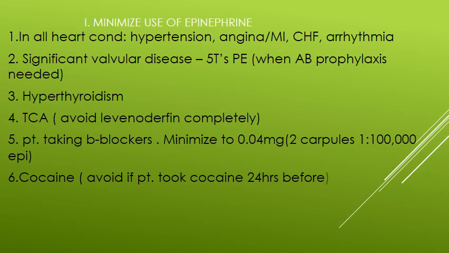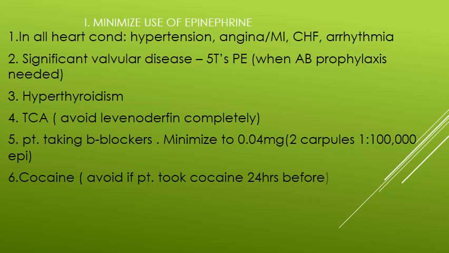Then TCAs, you will minimize the use of epinephrine, but if they have asked specifically for levonordefrin, you will avoid it completely. Tricyclic antidepressants, if given, then you have to minimize the use of epinephrine, but levonordefrin you have to completely avoid.